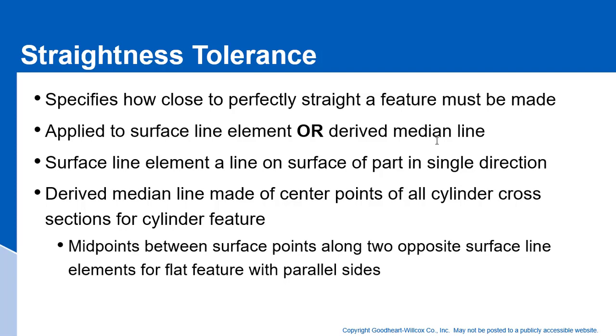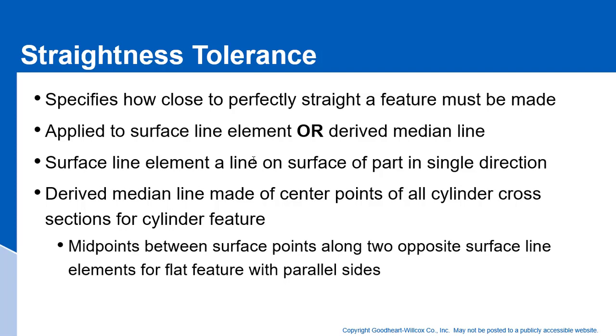Or if I applied the straightness tolerance to a feature of size, like a hole or a cylinder, that would be a derived median line. Feature of size, derived median line, and then surface line element, that's for a surface feature.